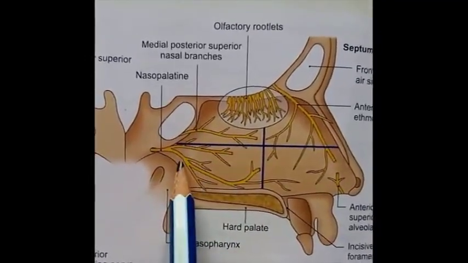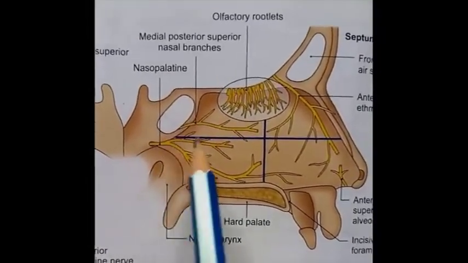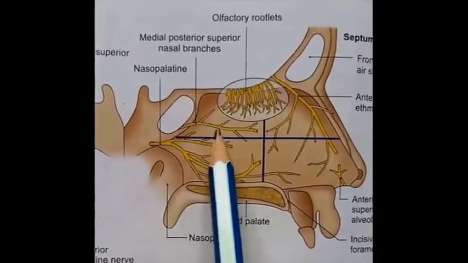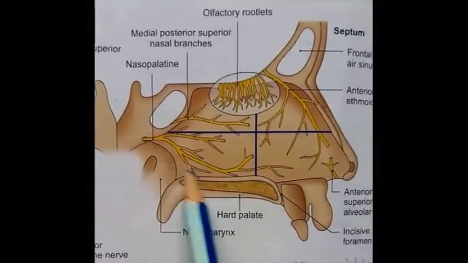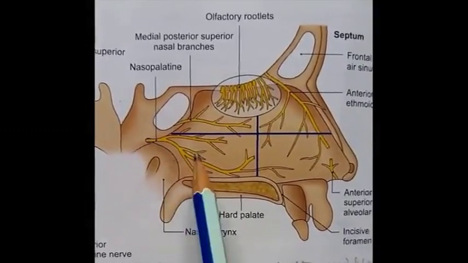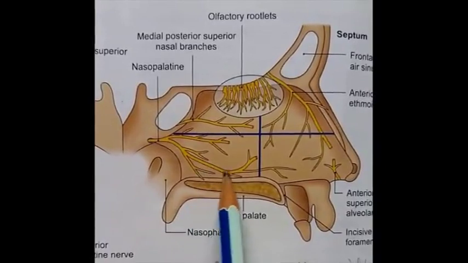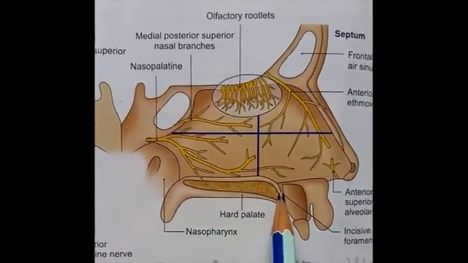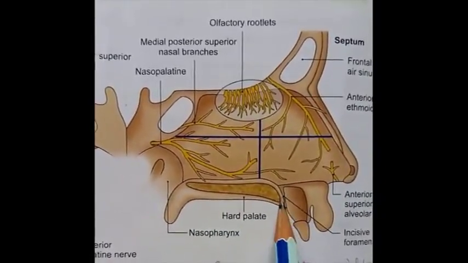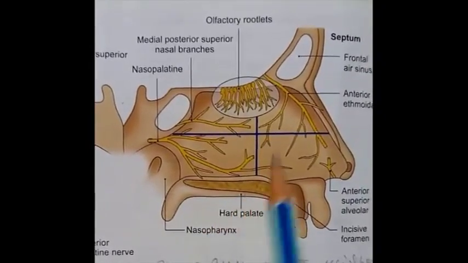These reach the posterior part of the roof of the nose and the nasal septum and supply there. The largest of these branches is the sphenopalatine nerve, which descends up to the anterior part of the hard palate and passes through the incisive foramen here and supplies the hard palate as well.